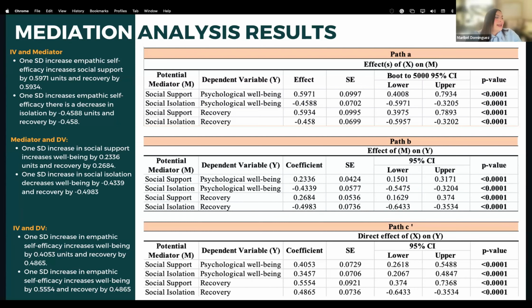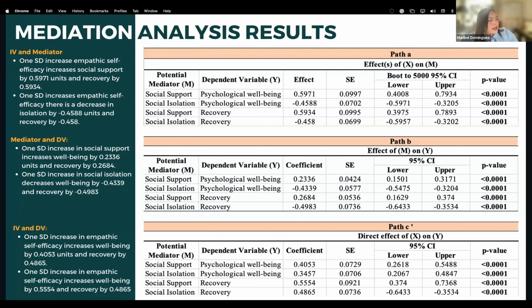And basically what it said is that having increased empathic self-efficacy, meaning that ability to recognize others' feelings, to recognize that empathy that you may have, increases with social support, and it increases recovery based on this analysis. And so for those negative isolation variables, empathic self-efficacy decreased the isolation rate based on that path A.